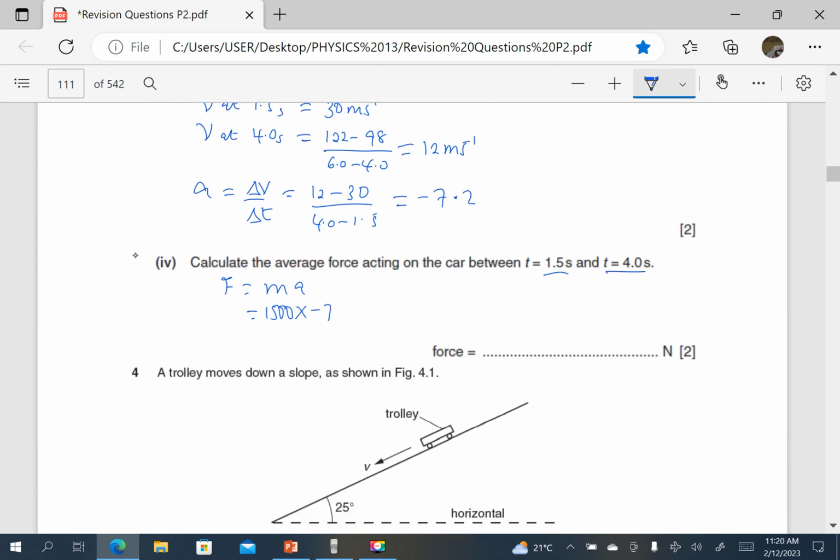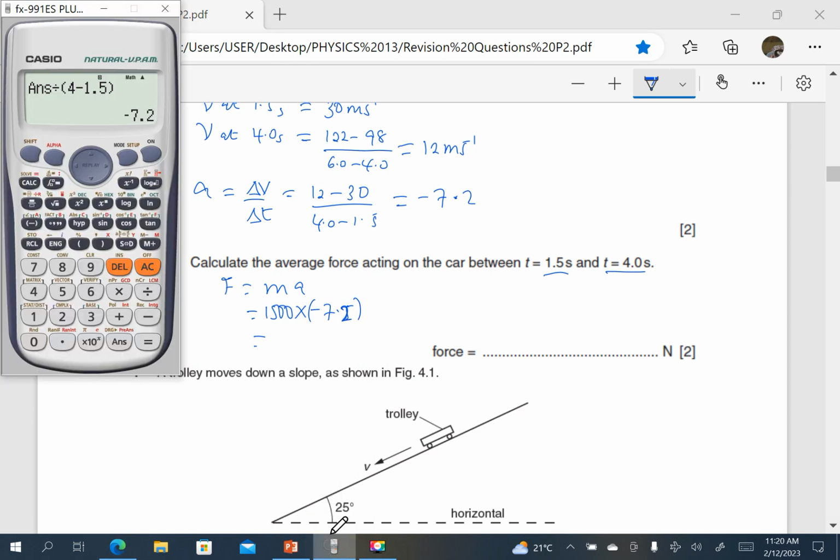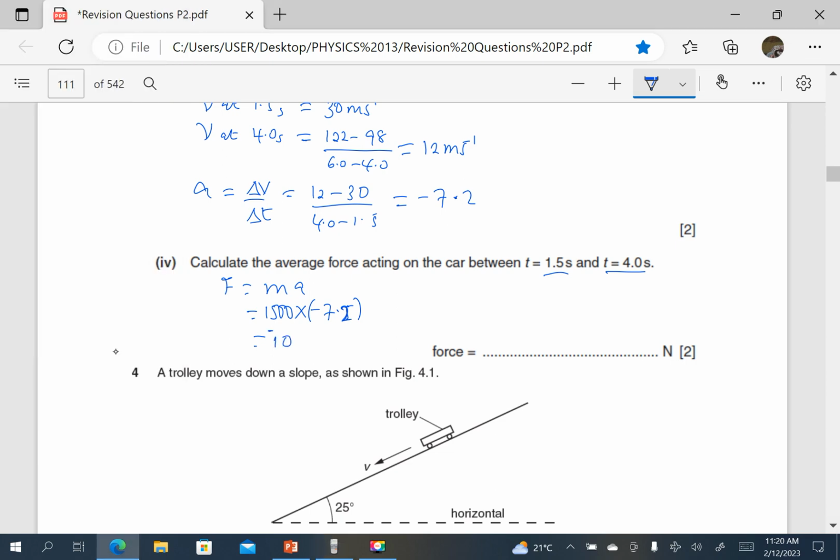And the acceleration is negative 7.2. So this gives us 1,500 times the answer, which is negative 10,800, or approximately negative 11,000. You may put the negative if you want.